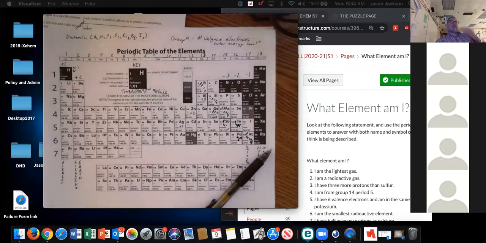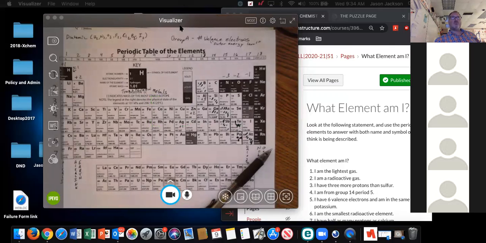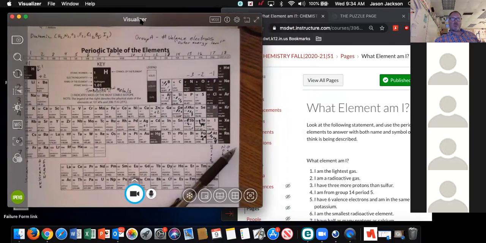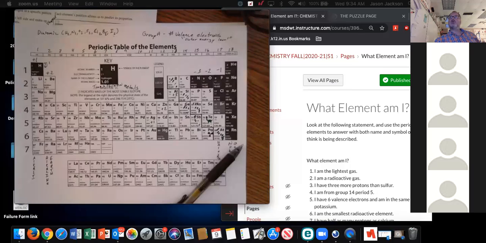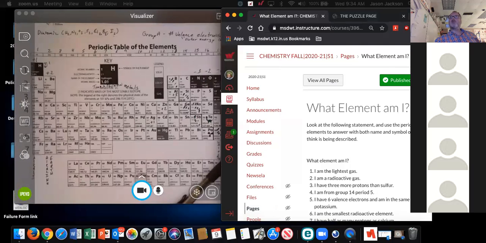I'll show you this whole screen. So all I did was click on what element am I? It's not showing the screen I want, I don't think. Let's try that again. Yeah, I guess it is working.